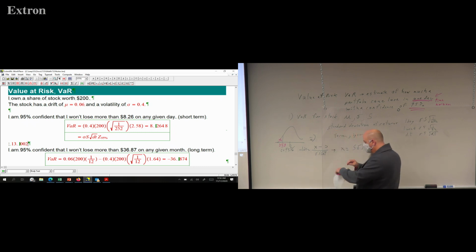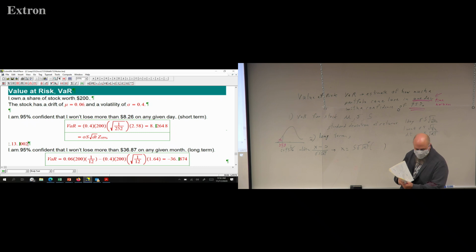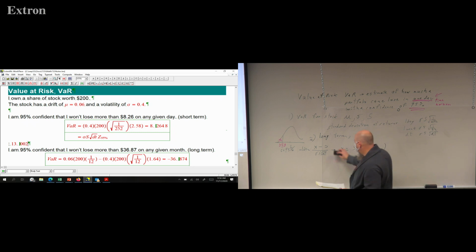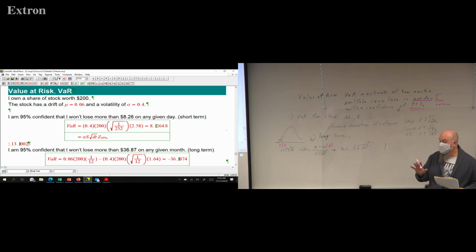That's short term. If I switch to long term, then I'm not ignoring drift, I'm taking drift into consideration. So then I'm adding in the drift, which would be mu S dt. Now the S's weren't in the original normal curve that I drew because I was talking about returns.